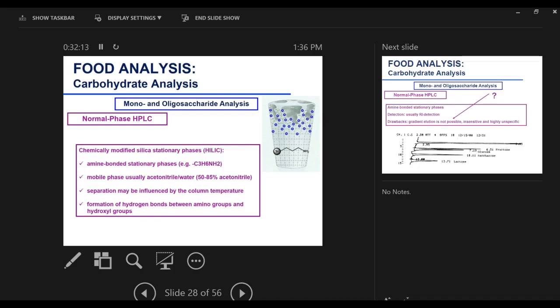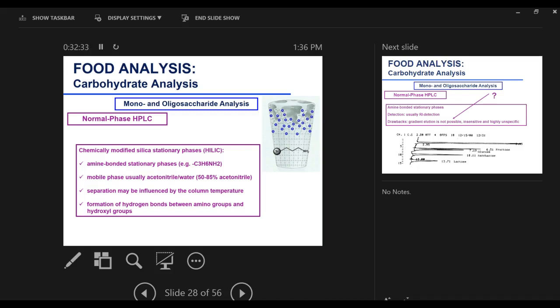The reaction is with the hydroxyl groups. It's very simple. So which one has more hydroxyl groups, glucose or sucrose?